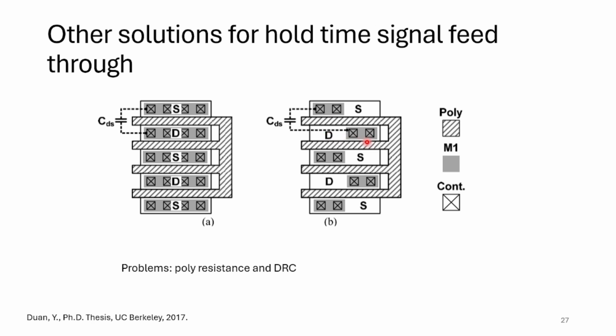However, you might have a DRC problem, or because you have fewer contacts, for example, here and here you have more poly resistance, and that might cause some effect. So you should consider all of this.